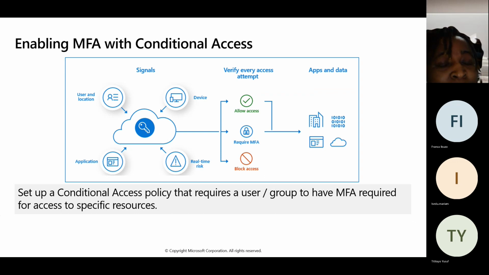Now we want to talk about enabling MFA with conditional access. Once we have authenticated the user with a username and password, once the user has been verified, the next thing we want to do is introduce what we call conditional access policies, right? The conditional access policy is what helps us make sure that the user or a group has MFA applied.